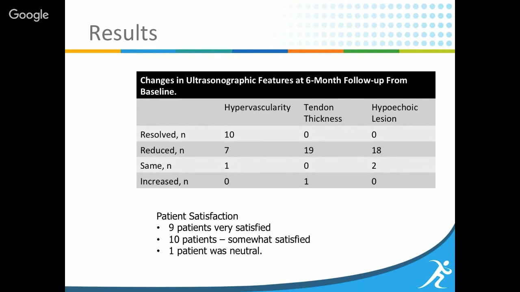In terms of changes in features, looking at the tendons under ultrasound evaluation, a lot of them showed decreased hypervascularity, decreased tendon thickness, and absence or decrease of the hyperechoic lesion. And overall, almost everyone but one patient was somewhat satisfied with the procedure.